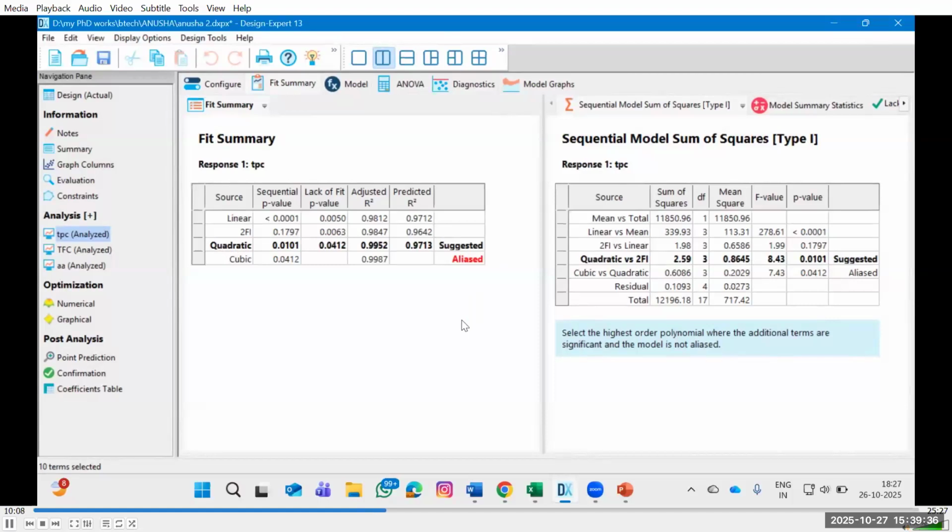The column has suggested that the quadratic regression equation is the best fit for the phenolic compound.